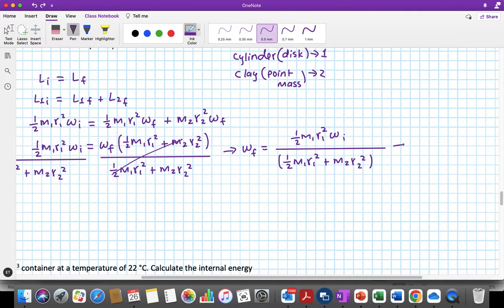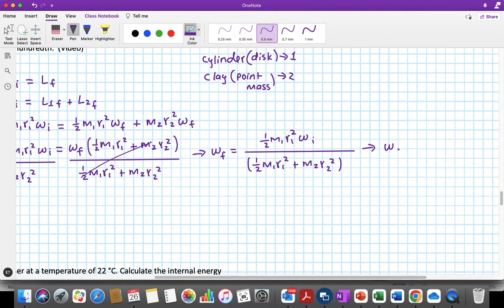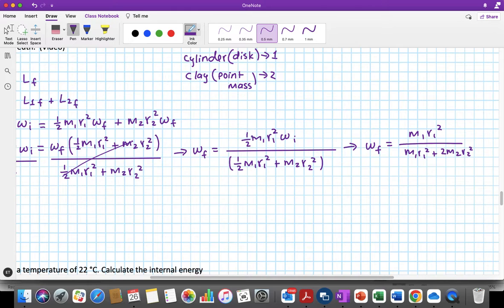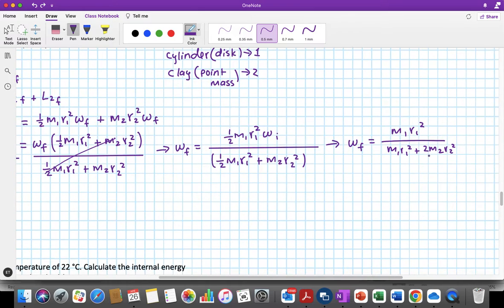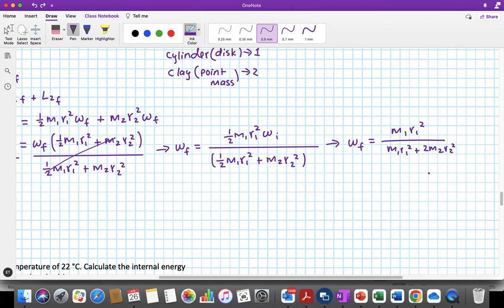Therefore, a slightly cleaner version would be m1 r1 squared divided by m1 r1 squared plus 2 m2 r2 squared. What I did is I had this 1/2, I put it like this, so this 2 cancels the 1/2, and then I had to place the 2 here. That's what I did. And from here, you can find the answer. It's very simple.